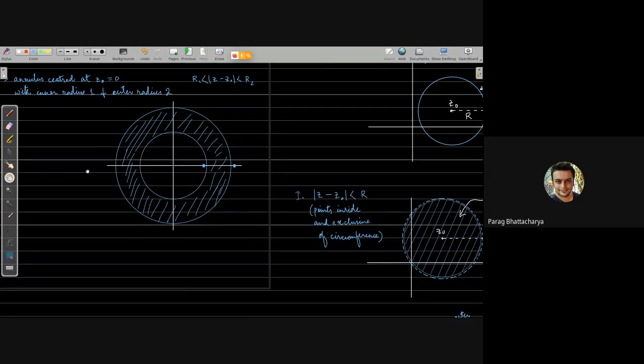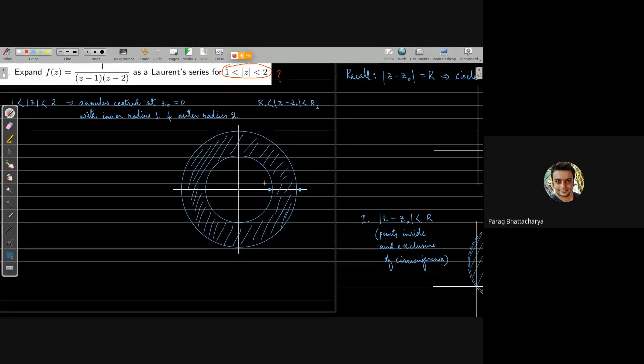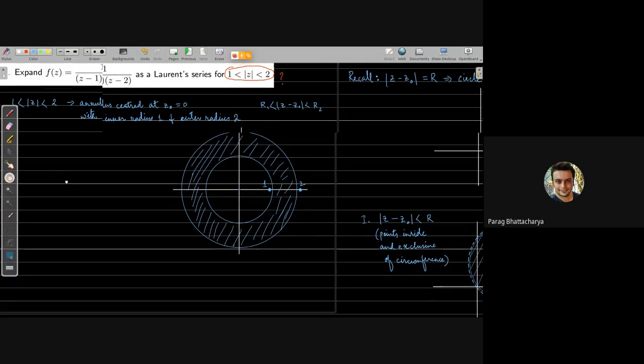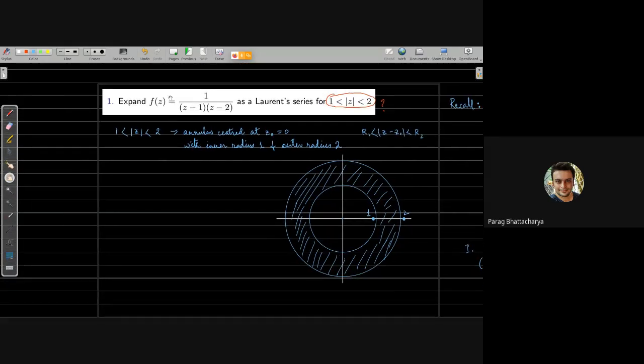And you can see here from the example, in this function, z equals 1 and z equals 2 both are singularities. Okay, f of z is not analytic at z equals 1 and z equals 2.